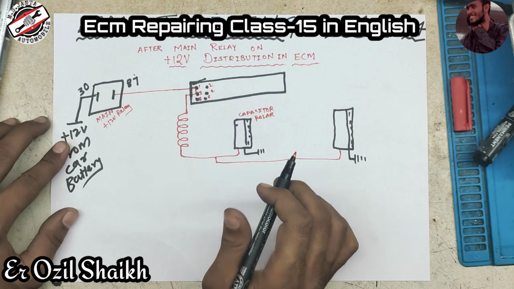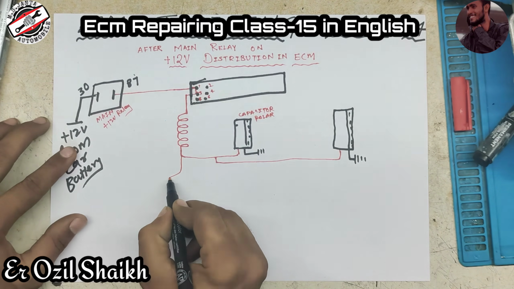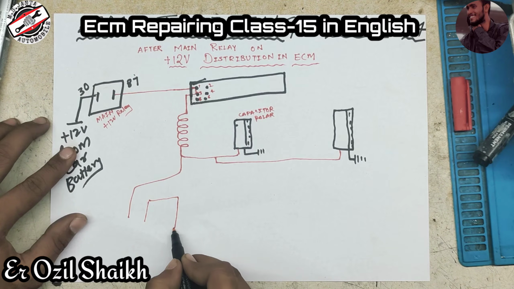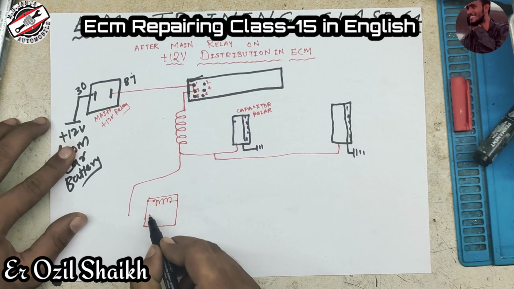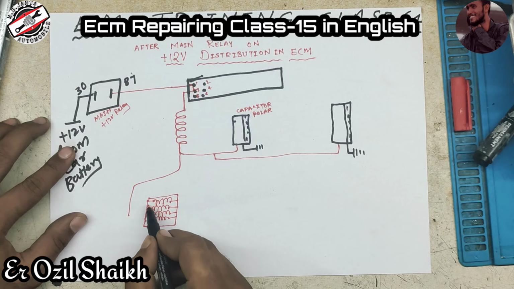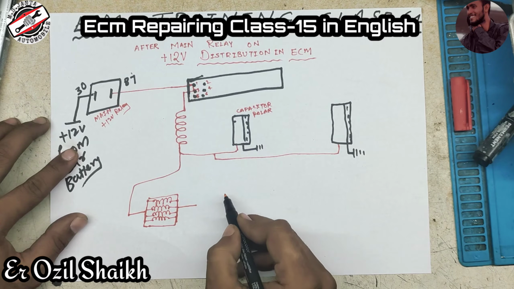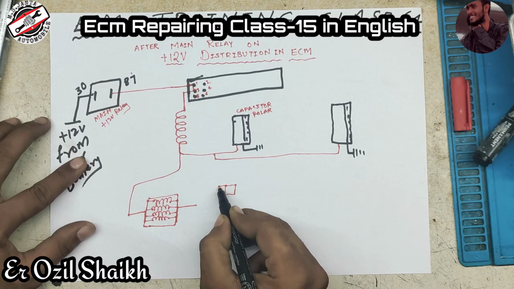After that, when the 12 volts passes the polarized capacitor, it also goes to one coil. This is the high wound coil. This coil is used for the high side injector section, or for creating high voltage like 48, 47, 46 volts.